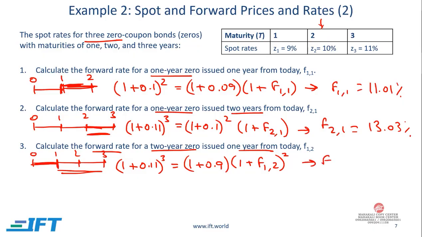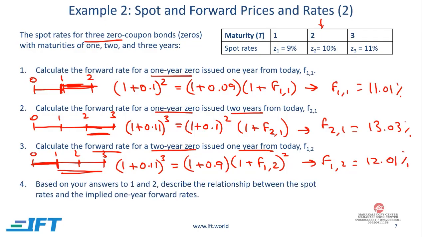From this we get F1,2 is equal to 12.01%.